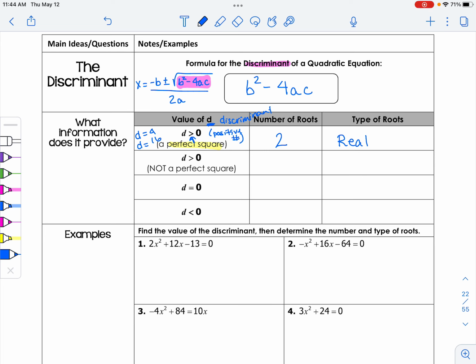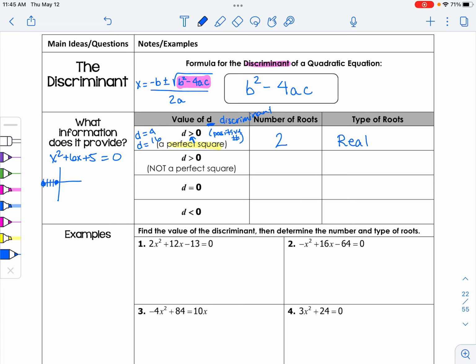As an example, yesterday we had the equation x squared plus 6x plus 5 equals 0. When we did the quadratic equation, if you recall, our answers were -1 and -5. Those were our roots, our zeros, our solutions, our x-intercepts.